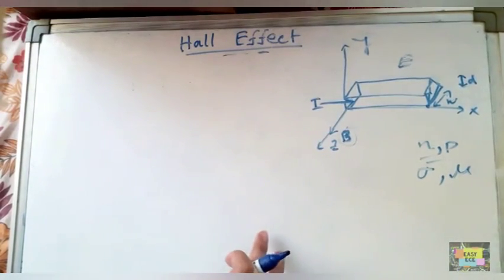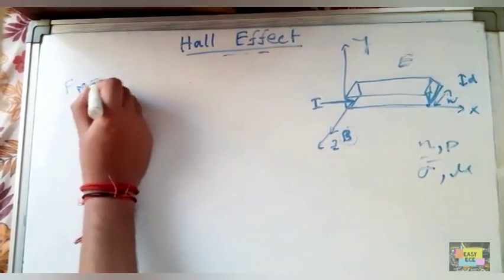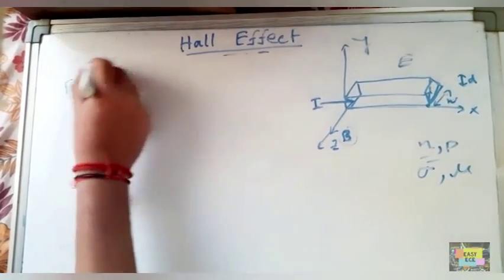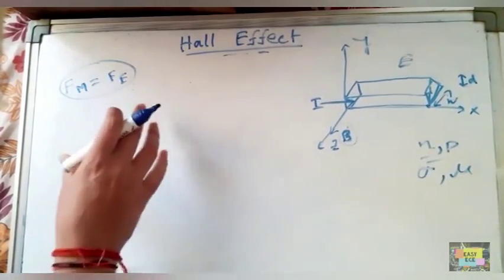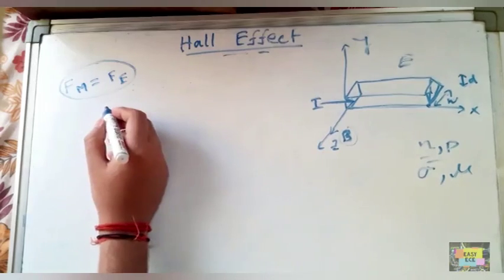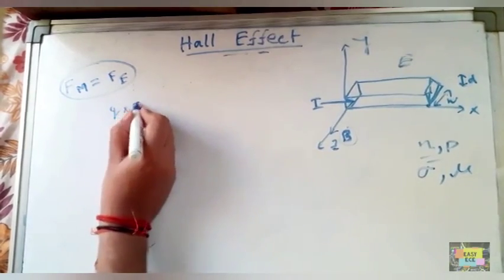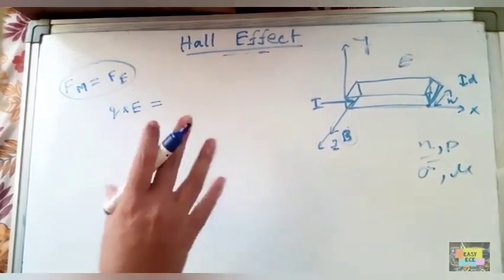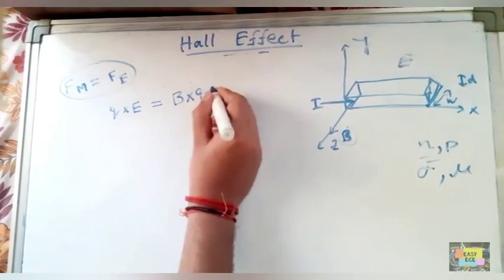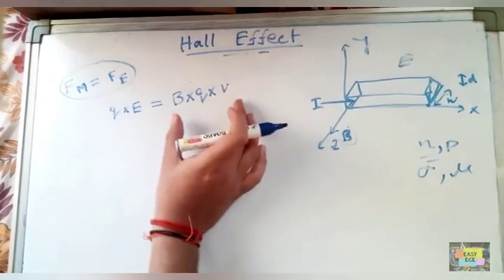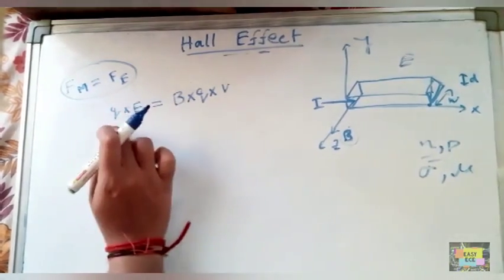In steady state, the force of the magnetic field, Fm, equals the force of the electric field, Fe. The electric force is Q times the electric field E, which equals the magnetic force, B times Q times V. This is the formula for magnetism, B Q V, and for the electric field the formula is QE.